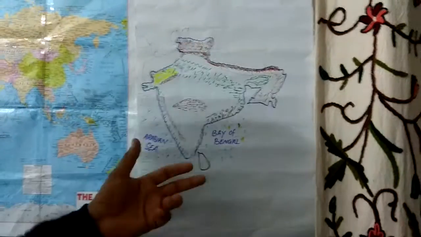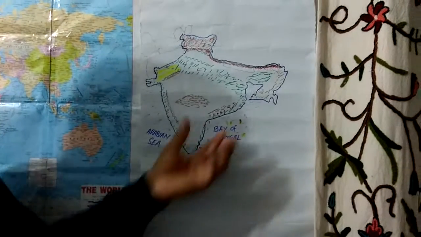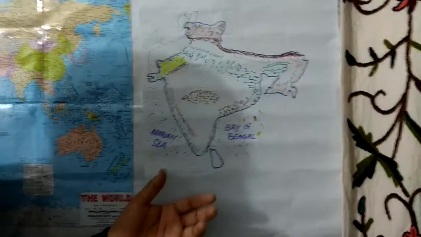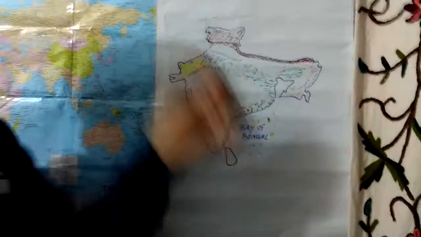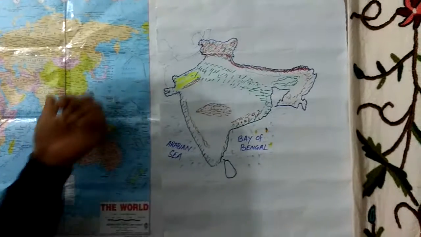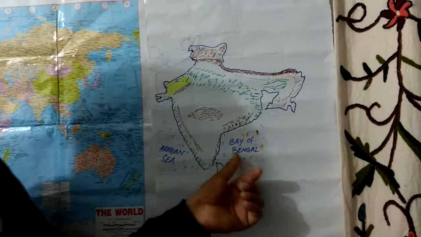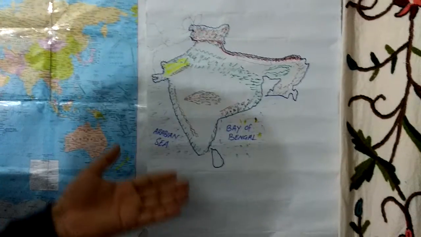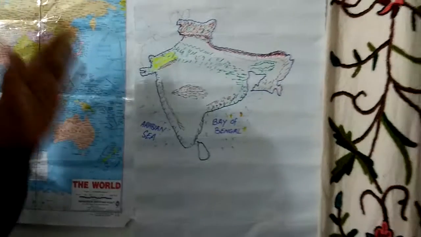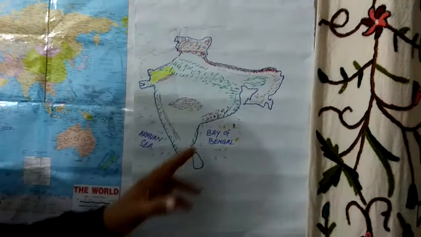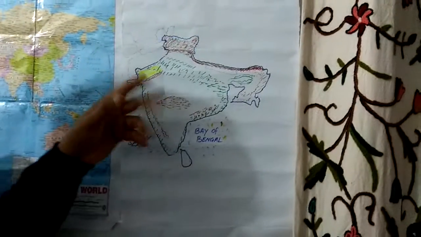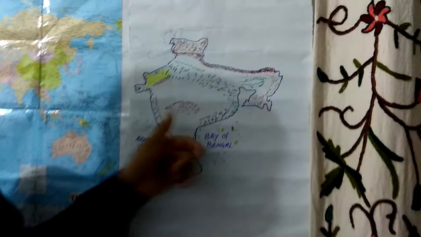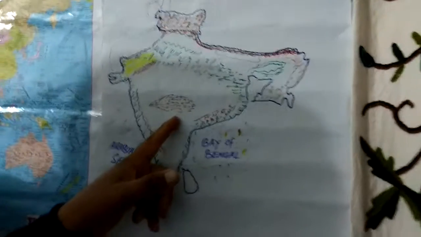When water bodies heat up, small particles of water come into the air. In geography, these particles are known as water vapors or evaporation. This evaporation goes into the winds. Winds move towards the north due to the hot and warm zone of this land.